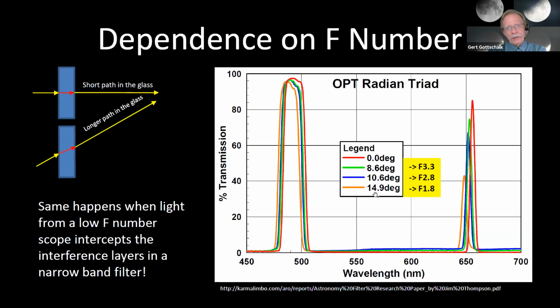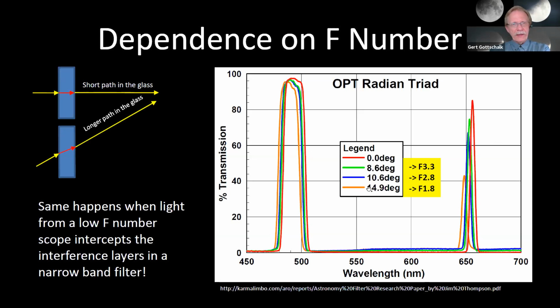And so, for example, an angle of 14.89 degrees, about 15 degrees, is about an f1.8 photo lens, if you think about the angle of light coming from your lens. And you see a certain shift here. And the blue transmission profile is about an f2.8 lens. And then you're coming to more like an f3.3, which is where your rich field light gathering telescope would start.